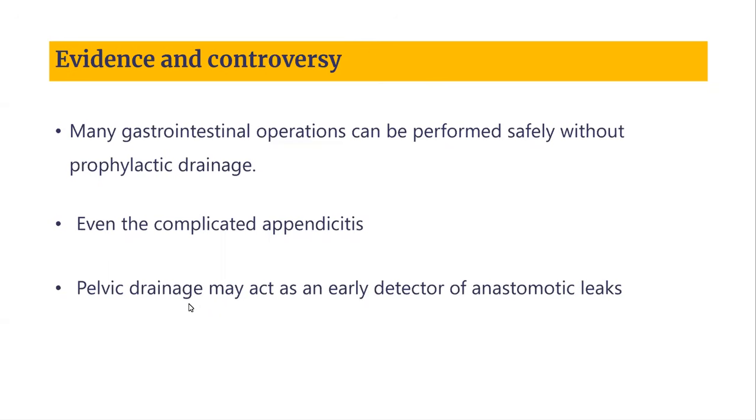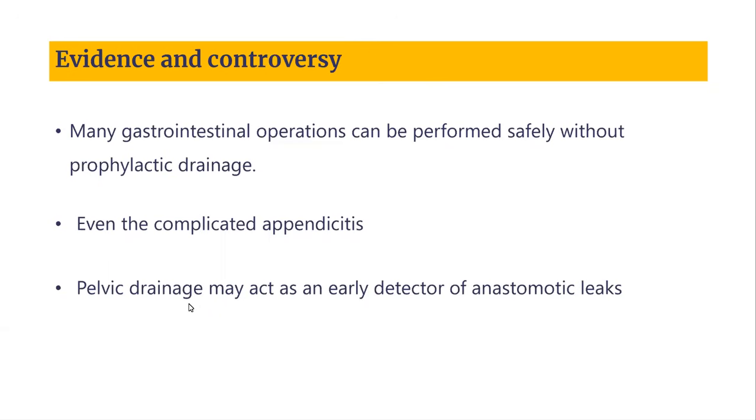Because there is a retrospective review that found that even complicated appendicitis with secondary peritonitis and sepsis in the modern era of antibiotics does not necessitate the use of prophylactic drain placement, which at times may even prove counterproductive. Pelvic drain may act as an early detector of anastomotic leak and reduce the need for reoperation in selected patients undergoing rectal cancer surgery.